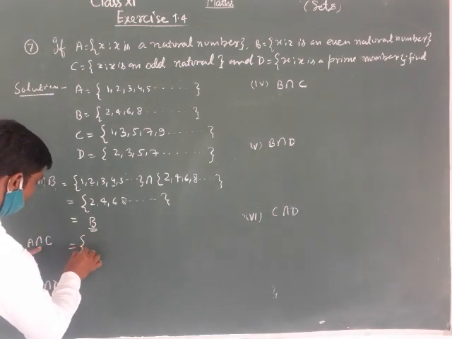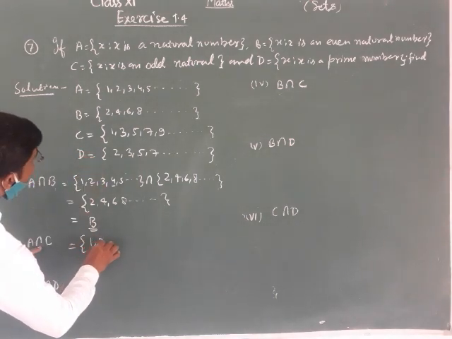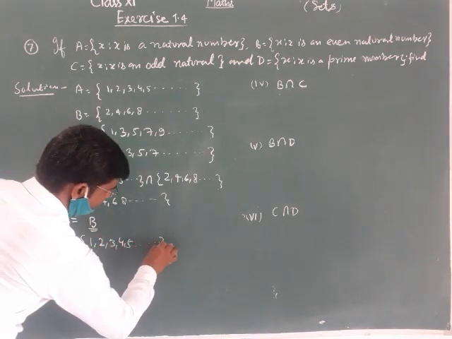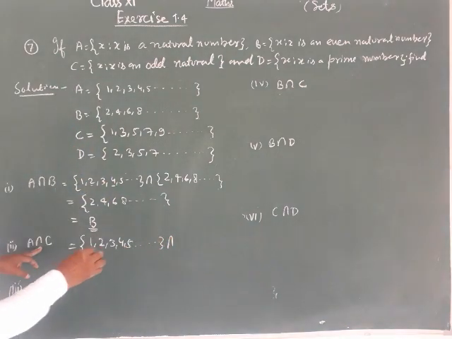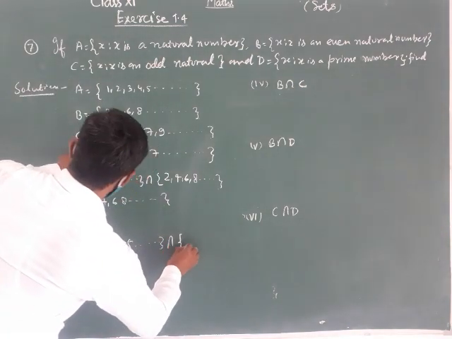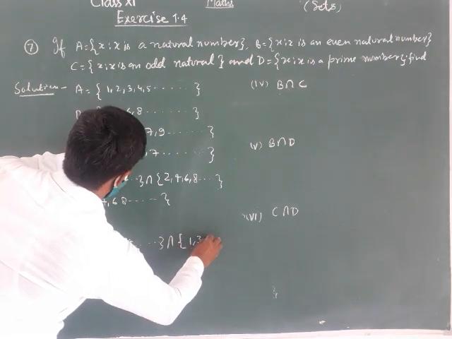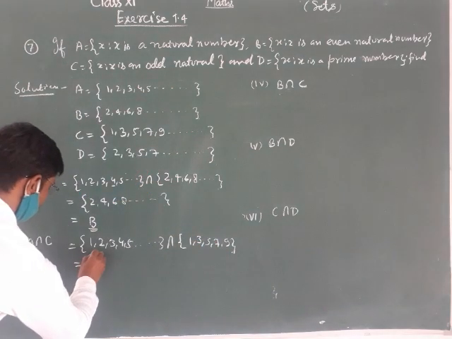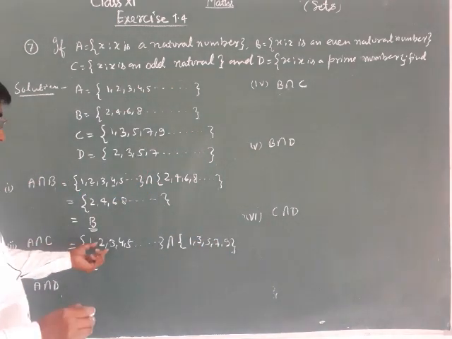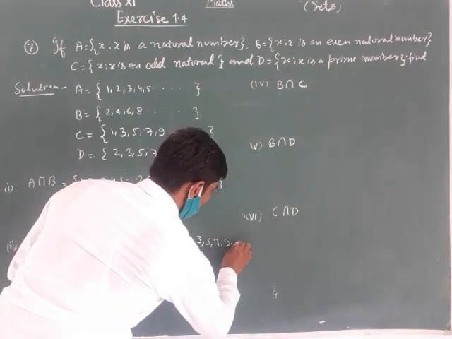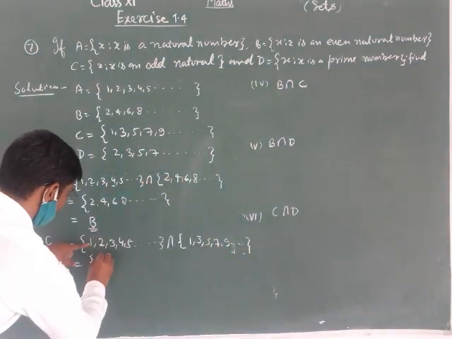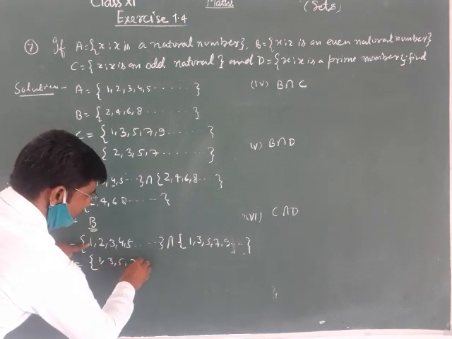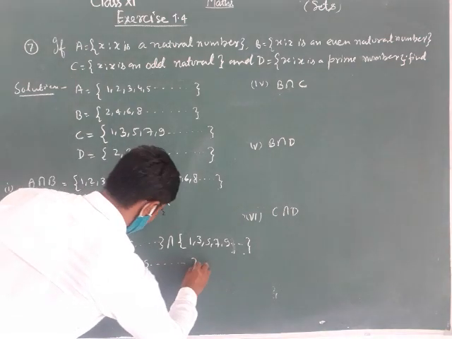And in the same way A intersection C. Set A has the elements 1, 2, 3, 4, 5 and so on, and C has 1, 3, 5, 7, 9. So for the intersection only the common elements are taken, so 1, 3, 5, 7, 9 and so on.